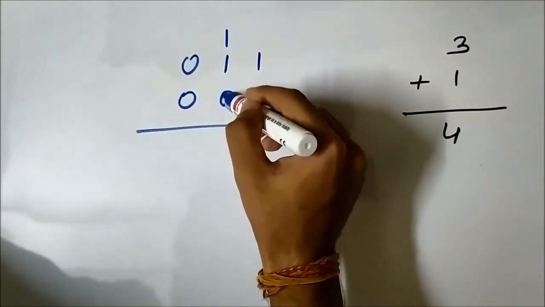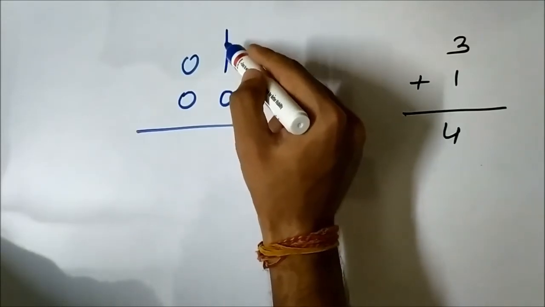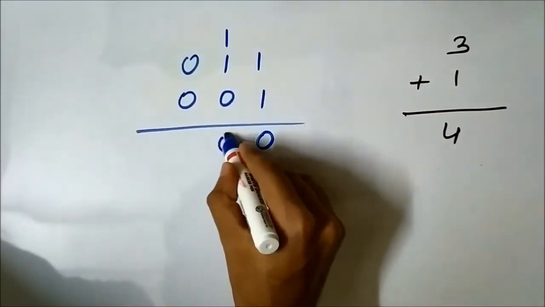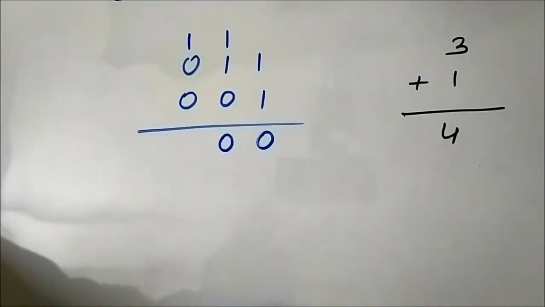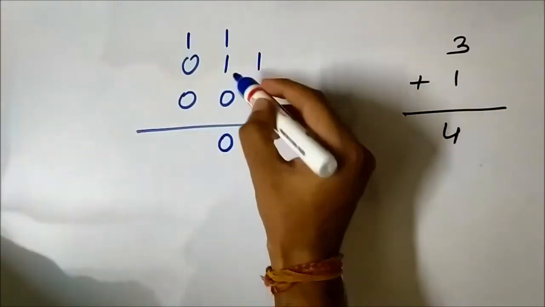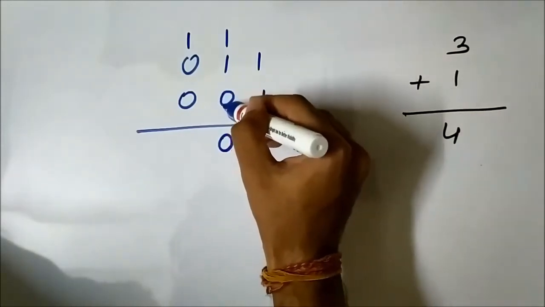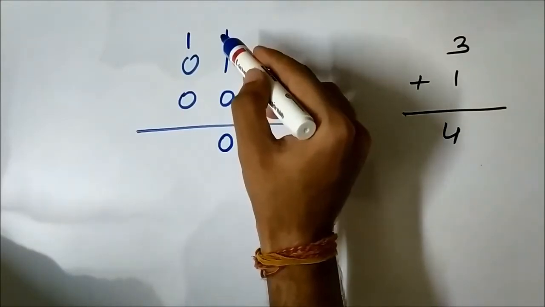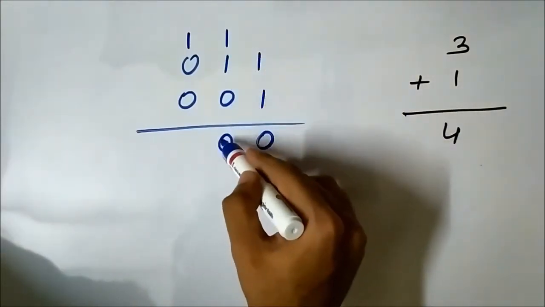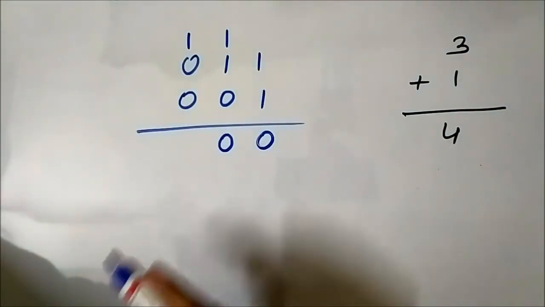This 1 gets added with the carry bit of 1. Again 1 plus 1 is 0, and a carry of 1 is generated to the next significant bit. Understand, 1 plus 0 was 1, and this result 1 is added with the carry bit of 1. So 1 plus 1 is 0 with a carry of 1 generated to the next significant bit.